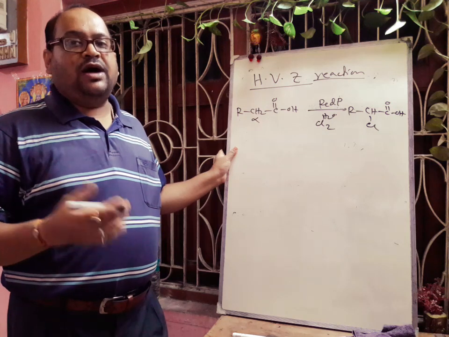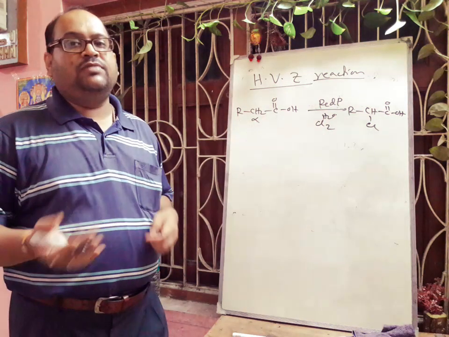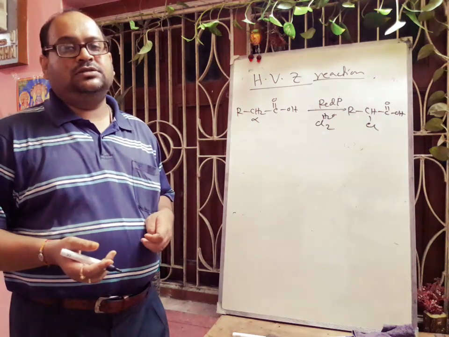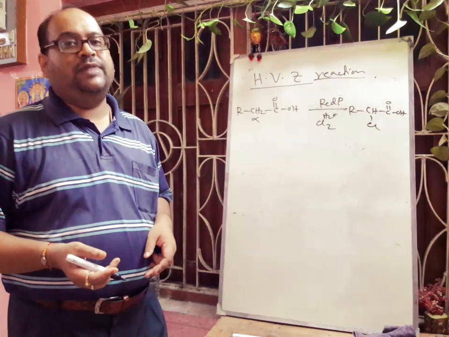Now if more than 1 mole of halogen is used, here we have used 1 mole. If we use more than 1 mole of halogen, then what will be the product? The hydrogens will be successively replaced one by one.